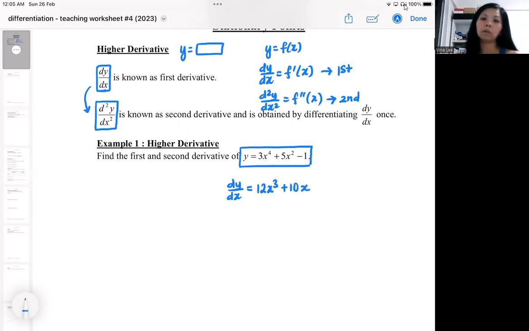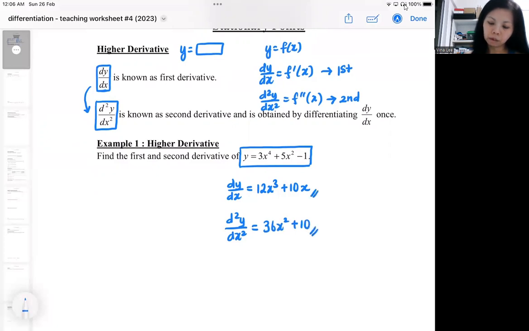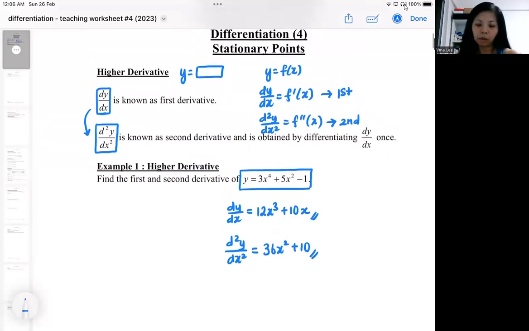Before you go on to the second derivative, do check that your dy dx have no issue. Then you do bring down power, minus power one more time. So that is called the first derivative and the second derivative. There must be a use for them, so we'll be using it to apply to the idea of a stationary point.